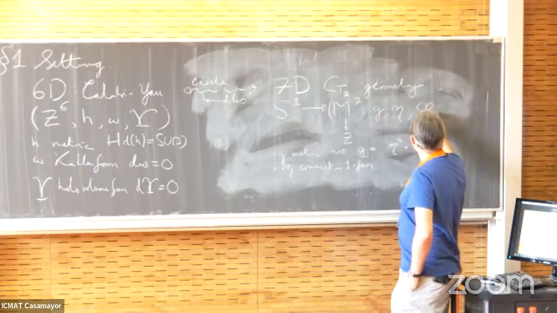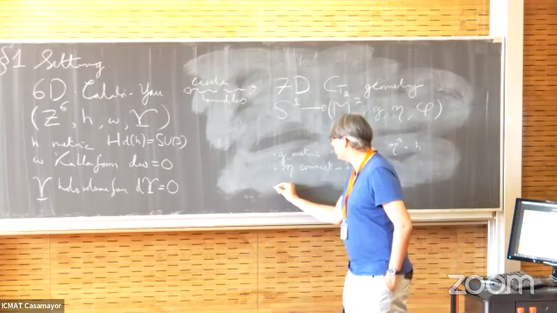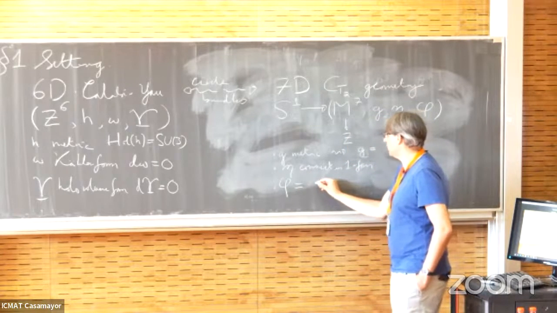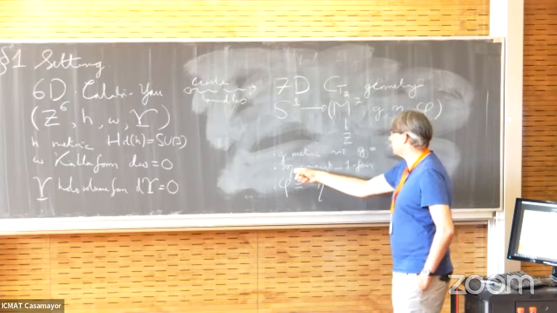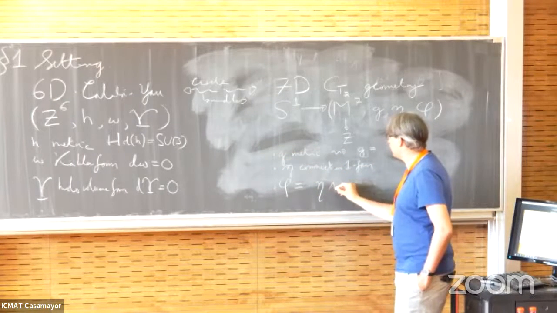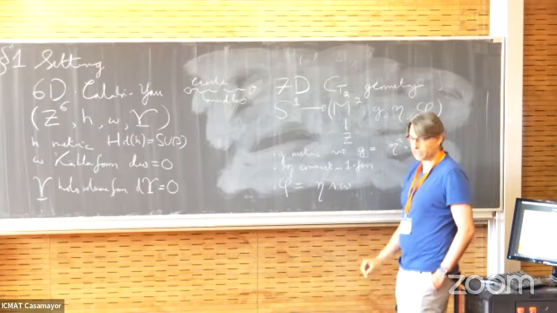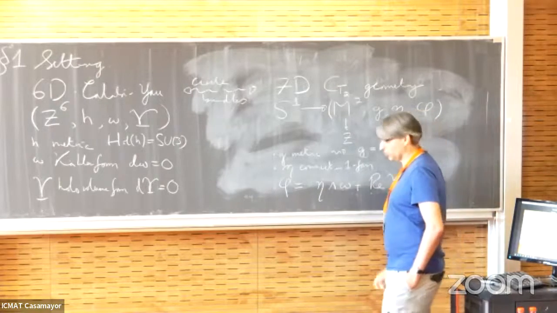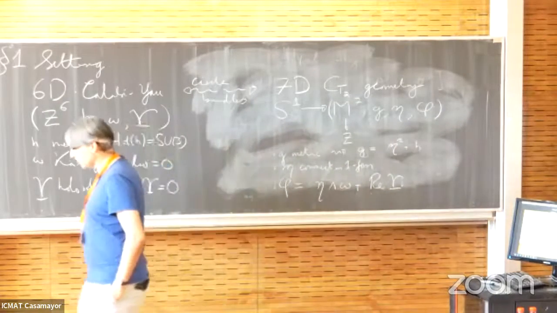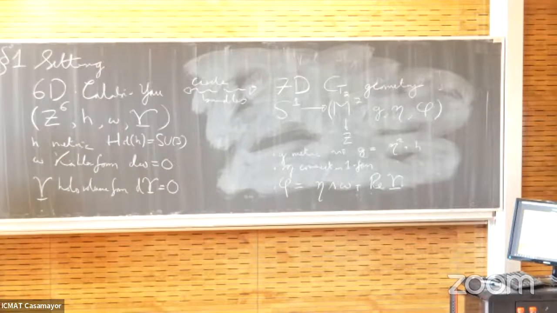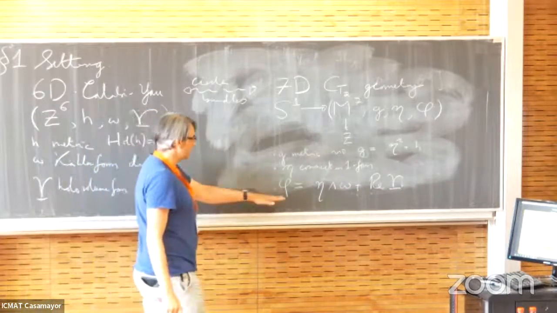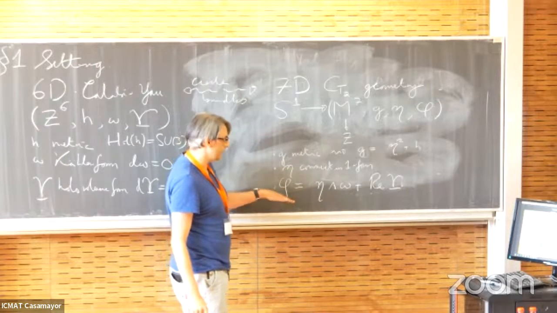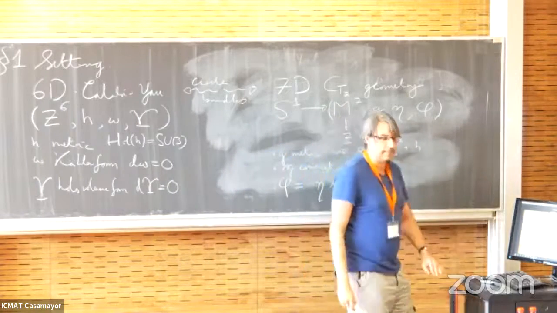And now, where is the G2 bit? So the G2 bit is encoded in a 3 form. So phi is going to be a 3 form, and it's a very particular 3 form, but not difficult. It's built out of eta and the Kähler form, so eta wedge little omega, plus the real part of the holomorphic volume form. So if you've never seen something like this before, the properties that this has is that it has a kind of positivity property.